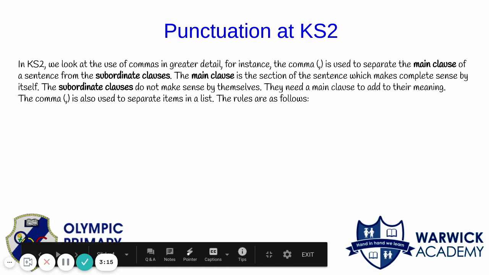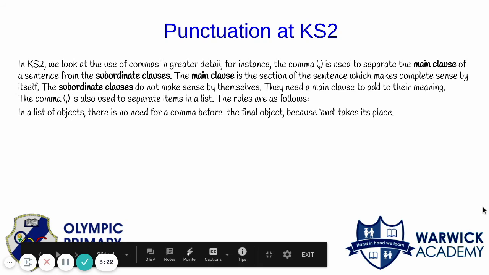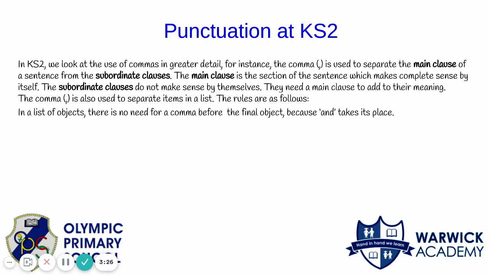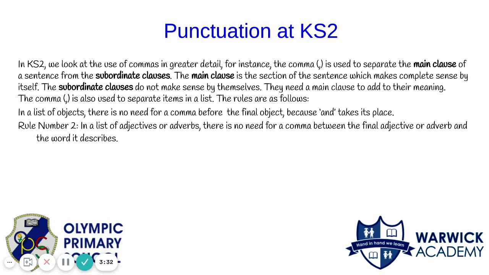And the comma is also used to separate items in a list, and there are some rules, as follows. In a list of objects, there is no need for a comma before the final object because the word and takes its place. In a list of adjectives or adverbs, there is no need for a comma between the final adjective or adverb and the word it describes.